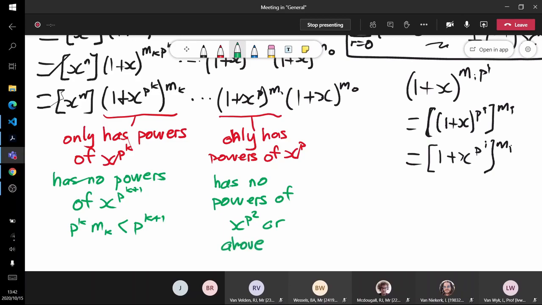And this last bracket has no powers of x to the p.